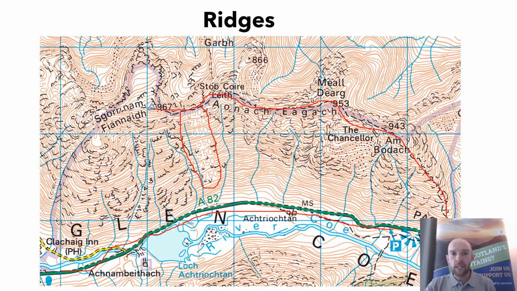But if you didn't have any of these features in the map and you couldn't really tell, a good clue is to look at the burn lines and the streams. They always flow downhill. So when water flows downhill, they're going to the lowest point from the highest point on the contours. So that's another good indicator as to where up and down is on a map if you didn't have any other of these clues to let you know what the contours are doing.